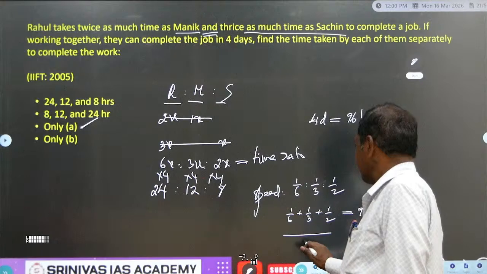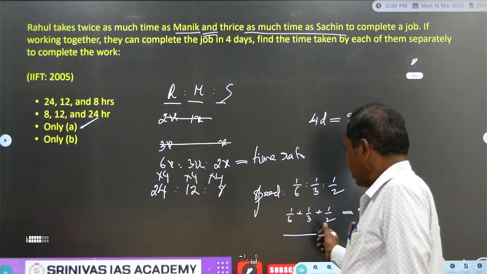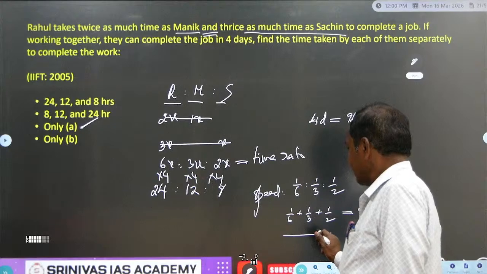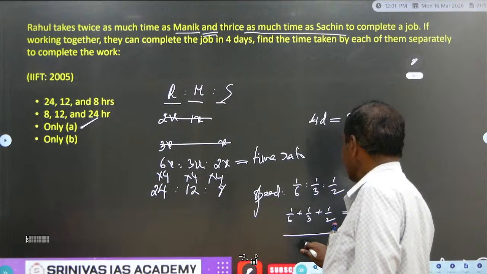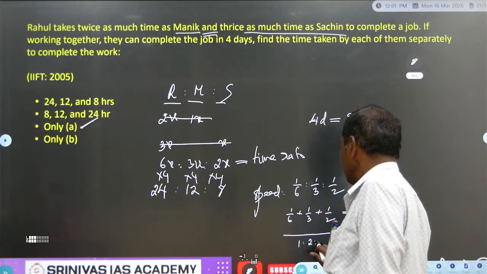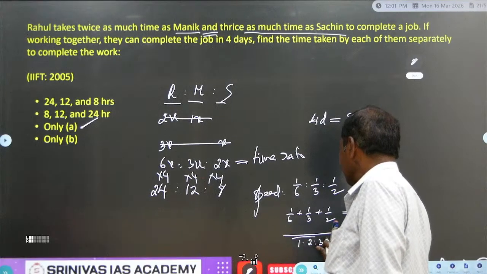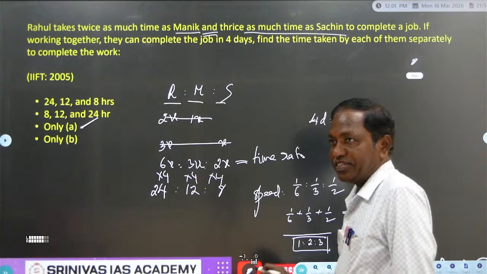No sir, we take 1 by 6x, because we are now calculating the ratio. So 1 by 6x plus 1 by 3, and the LCM is 96. So it is 1 : 2 : 3. This is the ratio of speed.